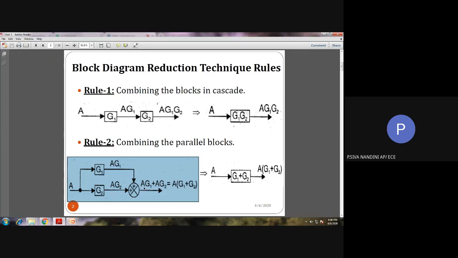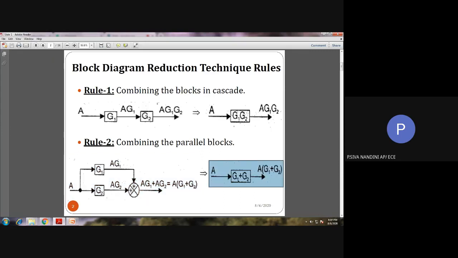Here in this output, we have plus and plus fed to the summing point. So AG1 plus AG2, we can take A common to both the terms. Likewise, we will be obtaining A into (G1 plus G2). Then how can we reduce this block? We shall see. Here we can reduce the block as a single block G1 plus G2.